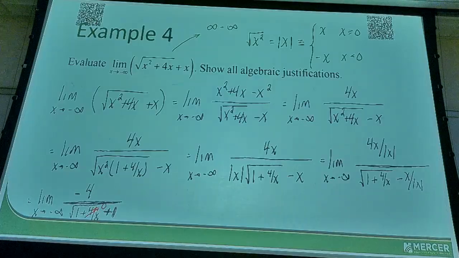But then that 4 over x is just 0. We can treat this as the limit, negative 4 over root 1 plus 1. Square root of 1 plus 1 is what? Oh, 2. Negative 4 divided by 2 is a constant. Limit's negative 2.